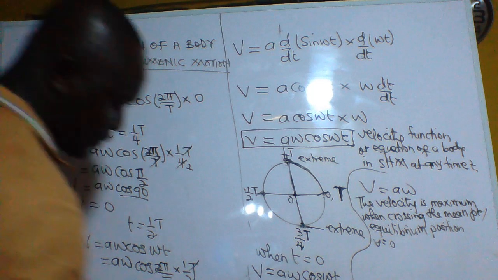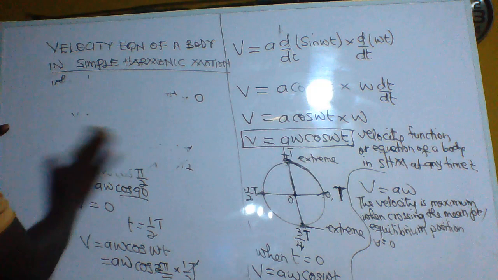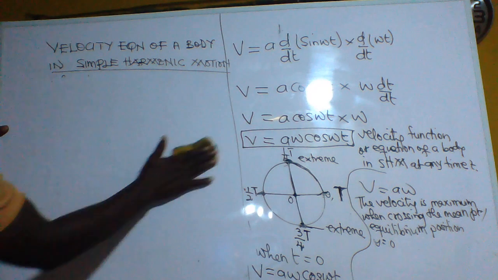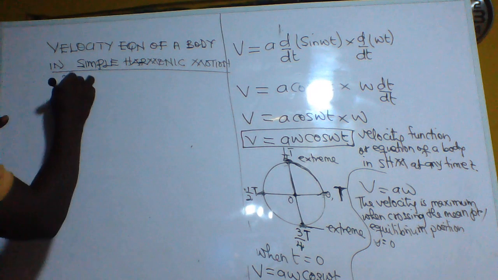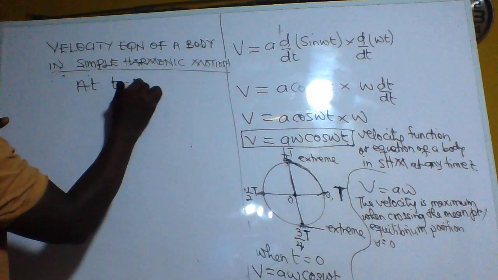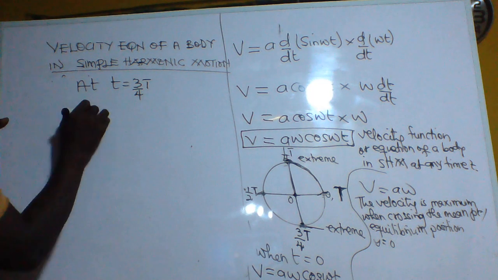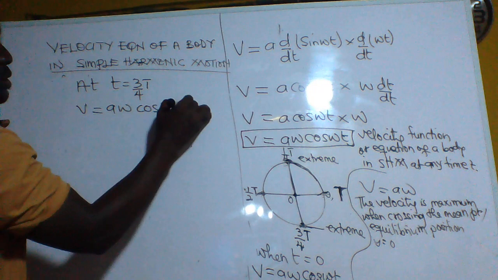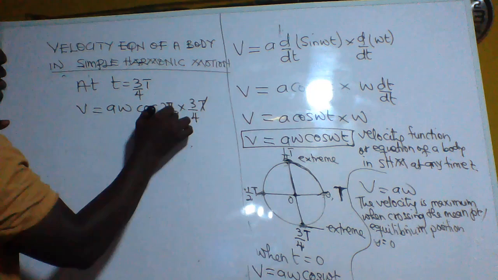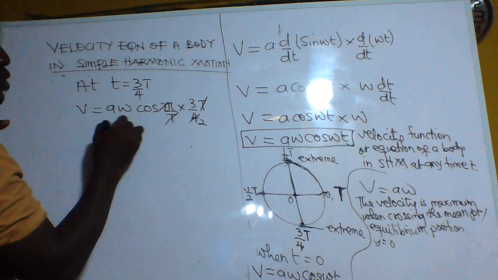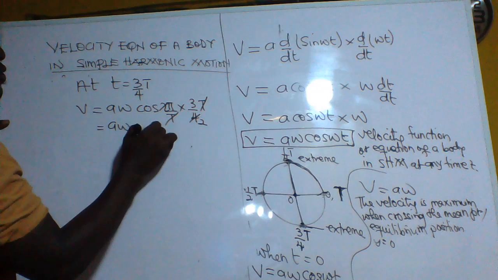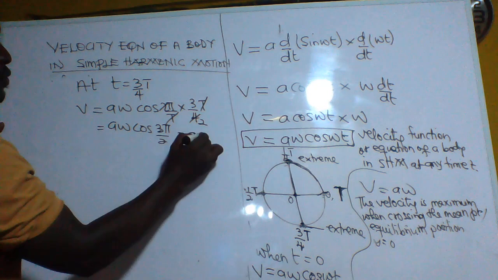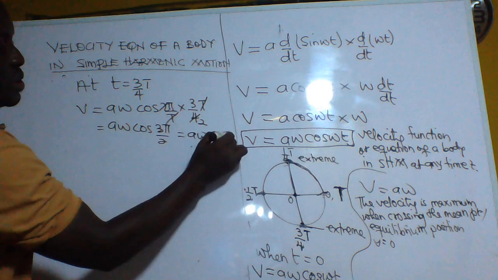We can still prove though that at t is equal to 3/4 of the period, we have v is equal to a omega cos of 2 pi on T times 3/4 of T. This and this 2, so we have cos of 3 pi on 2, and 3 pi on 2 is equal to 270.